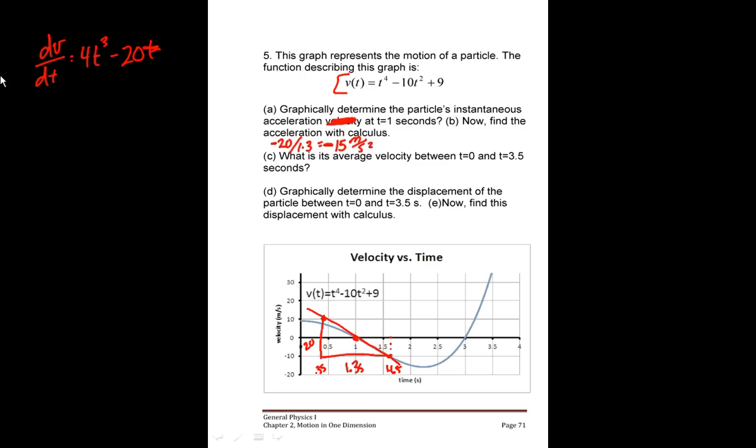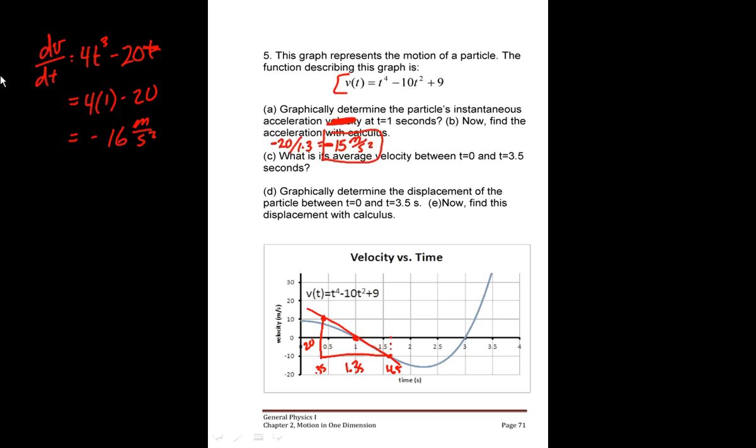And 9 doesn't change, so its derivative is 0. And I'm looking at 1 second, so that's 4 times 1 minus 20, which is negative 16 meters per second squared. I think that's pretty darn good because we did this graphical method, which is not real accurate since we're just estimating the slope. It is 15, but the actual slope should be negative 16. So that's pretty darn good.